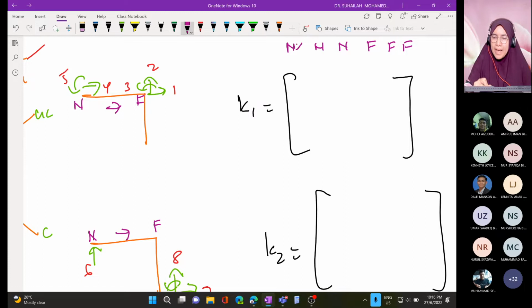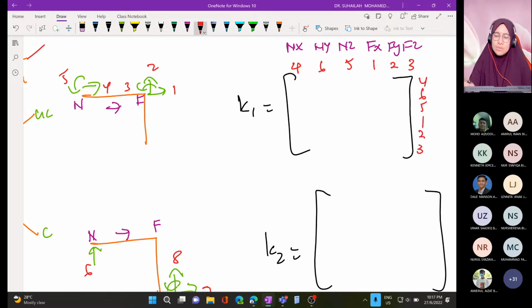Near ada X, Y, Z. Far also have X, Y, Z. So what is near X? Near X is 4. Near Y? 6. 5. Continue. 1, 2, 3. 4, 6, 5, 1, 2, 3.